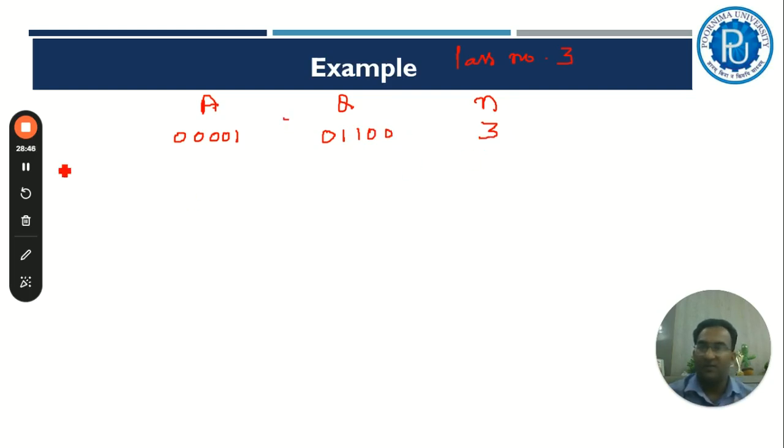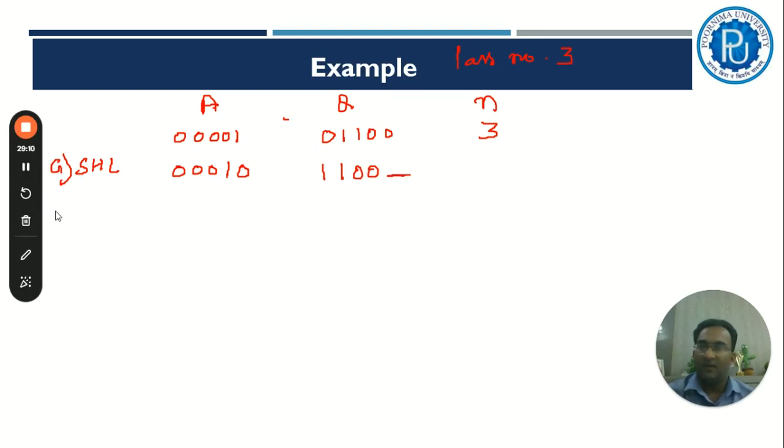The first operation is the left shift operation. So we are going to shift left the value of register AQ, considering them as one register. So 0, 0 will be shifted over here, 1, 1, 0, 0, and this will be left blank there.